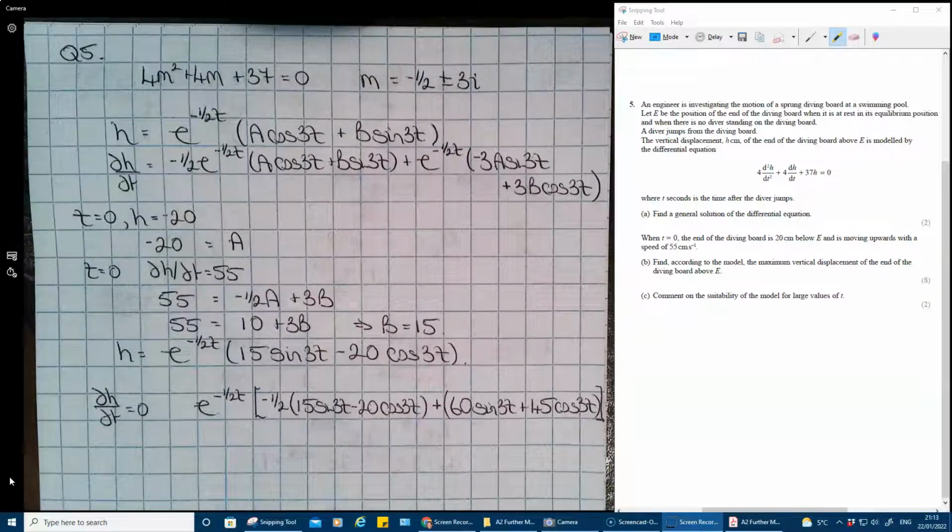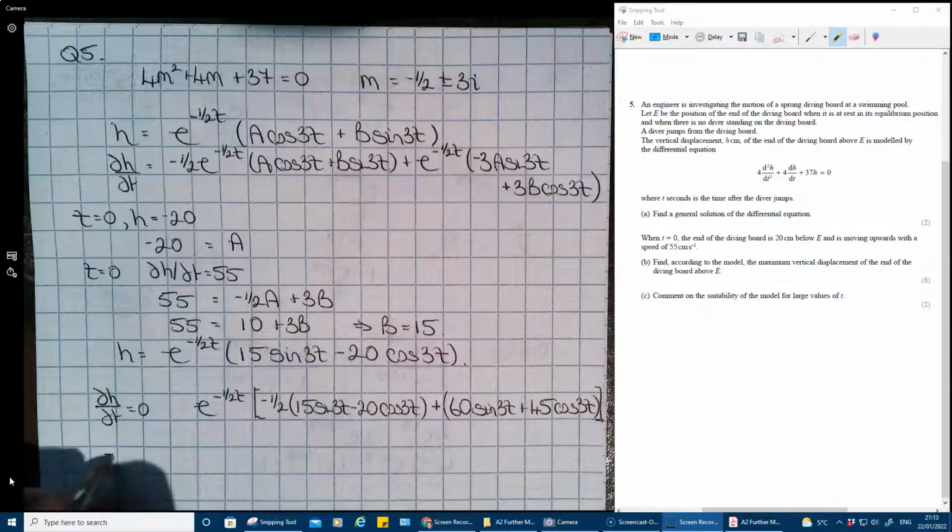Okay, now we want that to equal 0, and we know that the exponential can't be 0, so that implies this is 0.